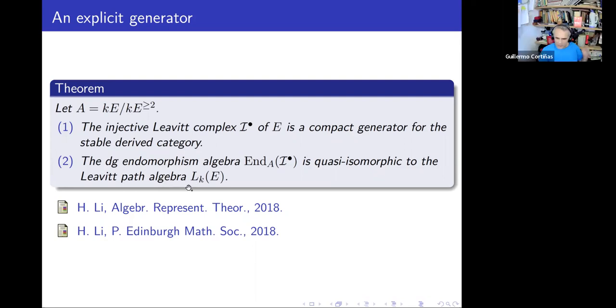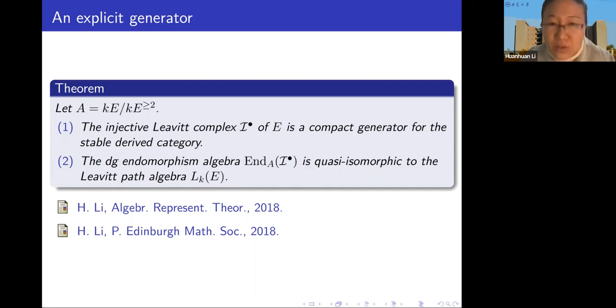So the Leavitt path algebra is considered as a DG algebra with trivial differential, yes. This result is in the first paper. We also have a duality version for the stable derived category, which I have in the second paper. There it's not much different, but it's a duality.